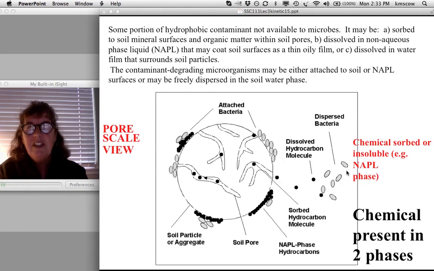And here's a picture showing an aggregate with some pores inside it.